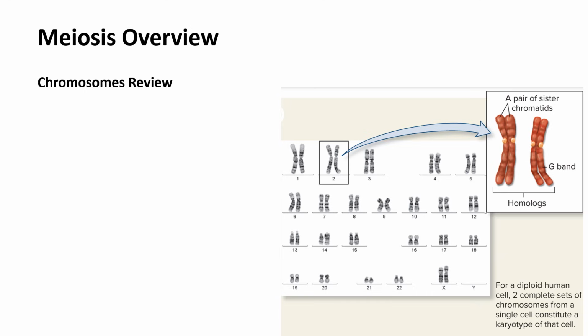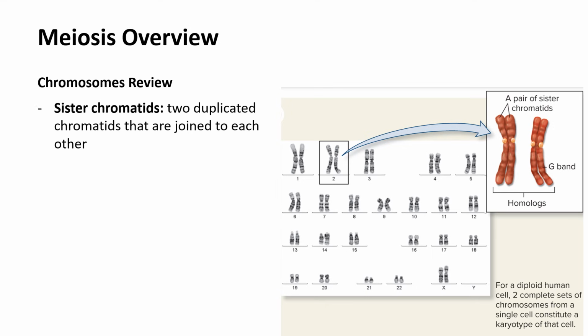So before we can understand meiosis, I think it's good for us to review chromosome structure. We touched on this with the cell cycle, but I want to take this maybe a step further to review some of the important parts of chromosomes. So we know that chromosomes basically have two parts, right? They have two sister chromatids, which are the duplicated DNA structures that are joined to each other.